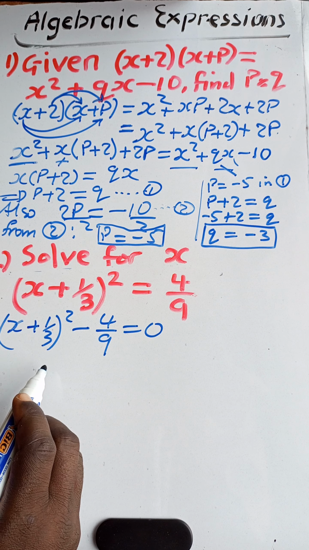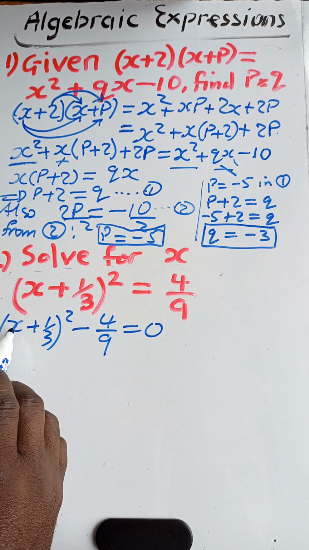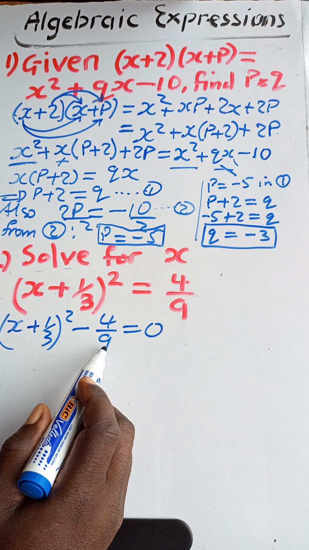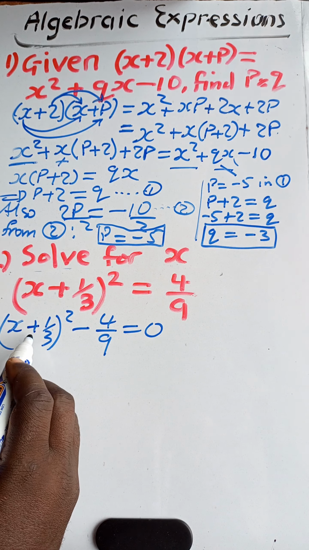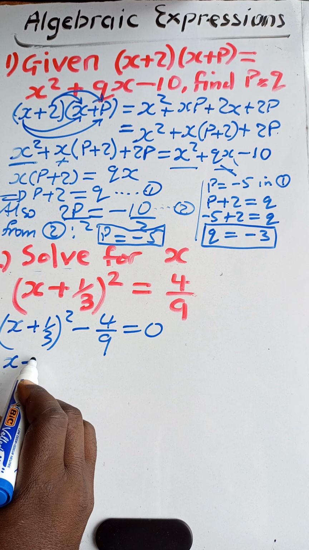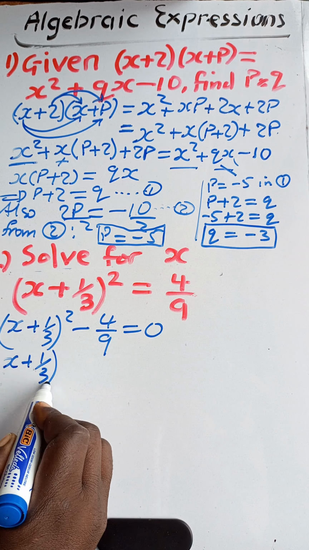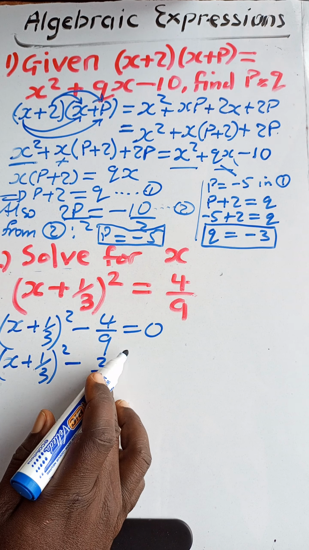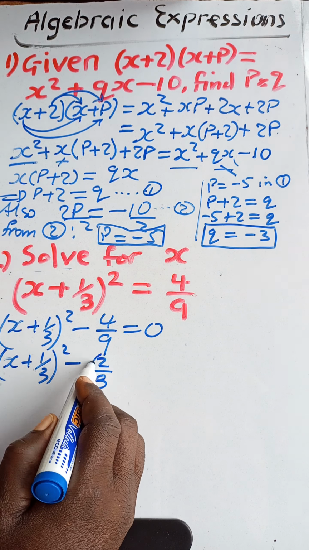Now, looking at it carefully, we see that 4 over 9 is actually a perfect square. And so let us write this expression as a difference of squares. This is x plus 1/3 squared minus 2 over 3, all of that squared.